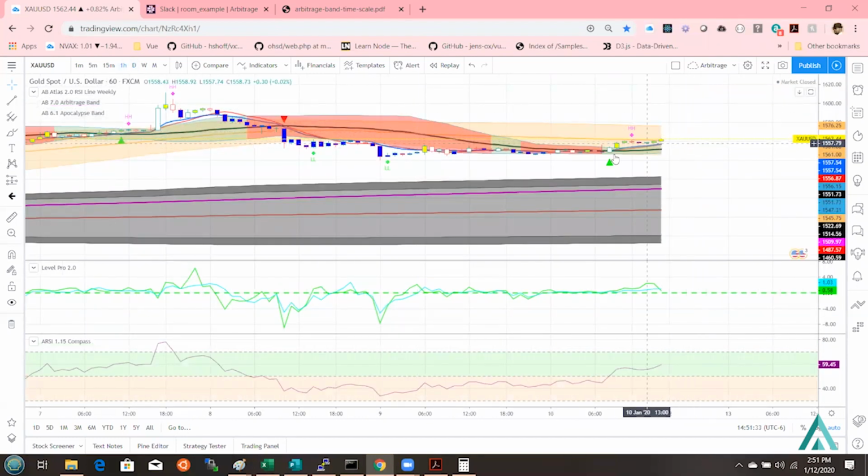If you were in from here and didn't take profit here, you may have to endure it until it gets back to 1550, and it's sitting at 1562. So there is basically a $12 leeway for how much wiggle room you have before getting back in if you're not already in it, and if you are, how much you can bear before it continues with the uptrend. All right, and I think the last one was GBP AUD.